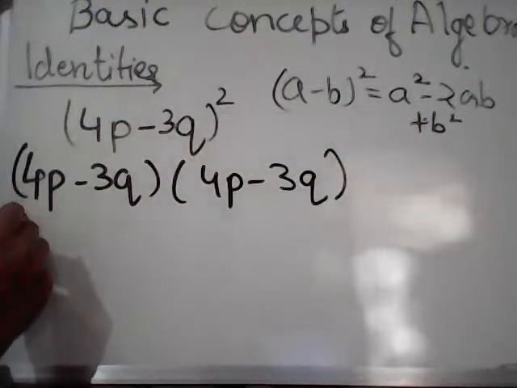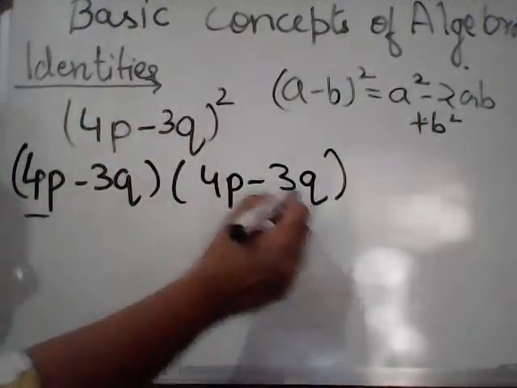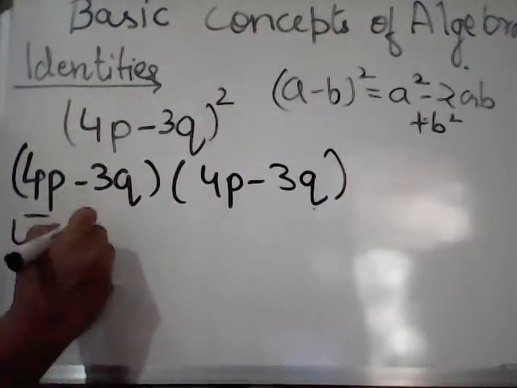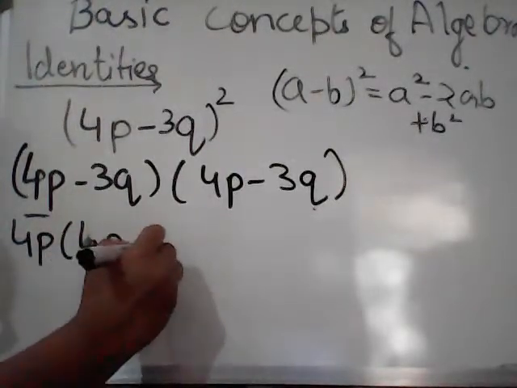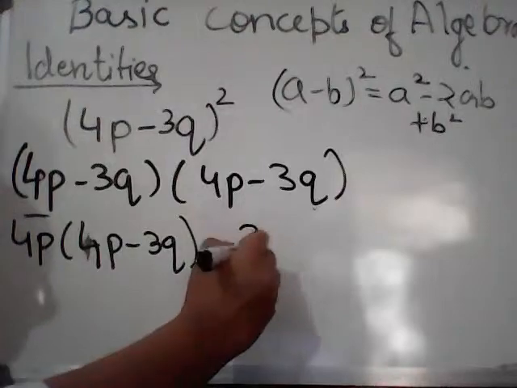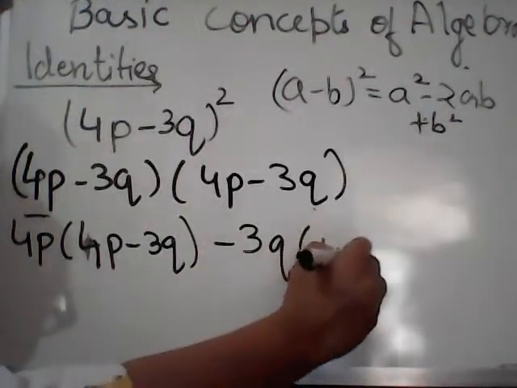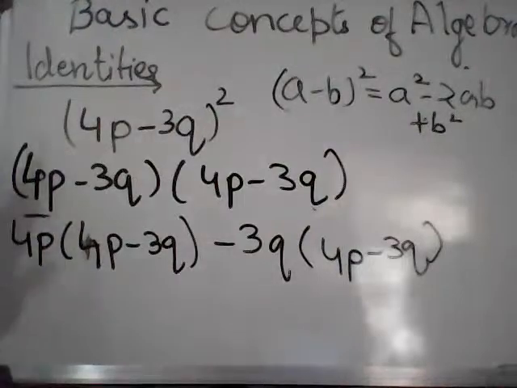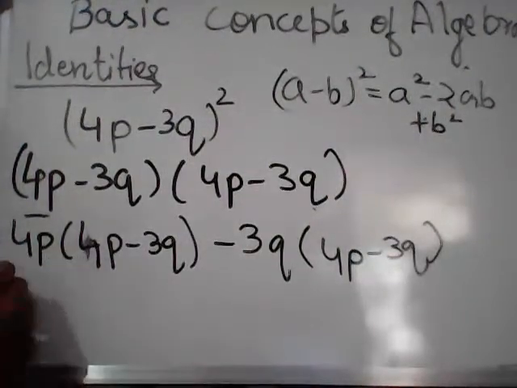We'll first multiply the first term with both the terms: 4p, minus 3q, and this 4p minus 3q. You see, earlier when we used the identity, in two steps our question was over. And now in two steps, we have just started the question. We'll multiply it with this.